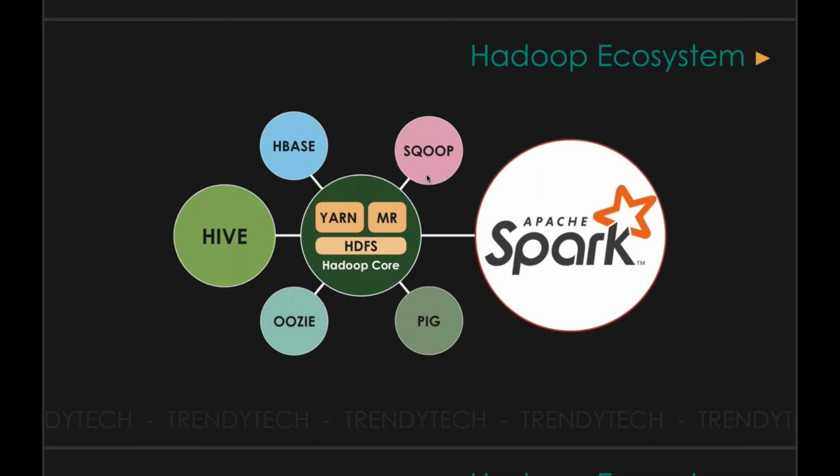And it transfers data from your traditional databases to your Hadoop environment. That means, let's say today you have some data in your Oracle database, or in your MySQL database, and you want to get it to your HDFS. How will you get it? Using Sqoop commands.